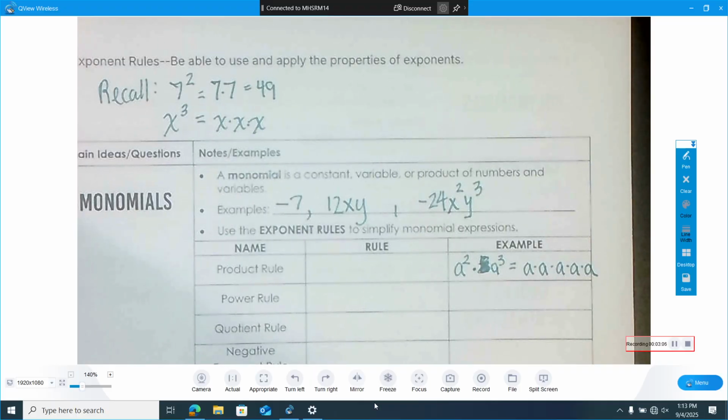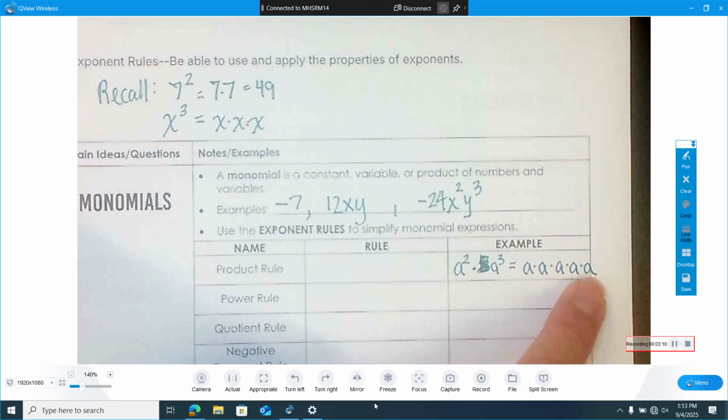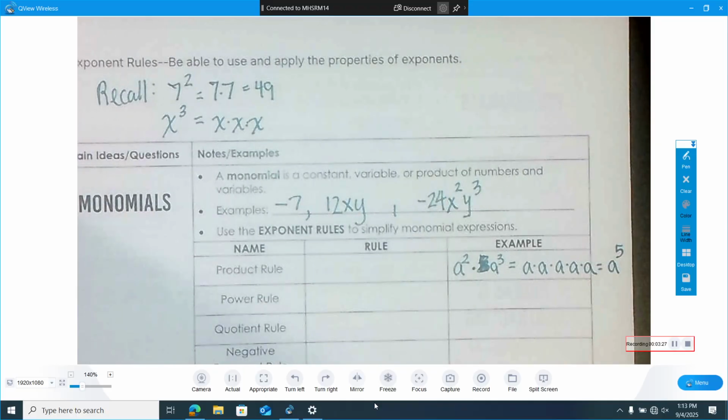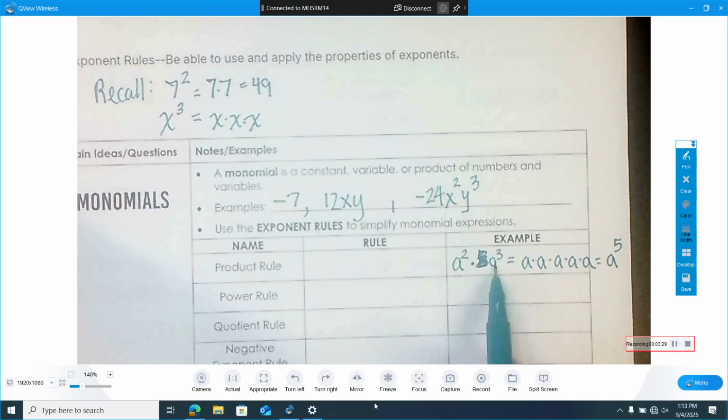So when I'm teaching, I'm always going to go back to the meaning. And of course, when we expand it, we can see, well, how many a's are there? A to the fifth power. Yeah. And of course, we like shortcuts because having to write everything out, well, that would just be lame. So if we can find a shortcut, then we can use it. And as you said, if they have the same base, we can add the exponents.